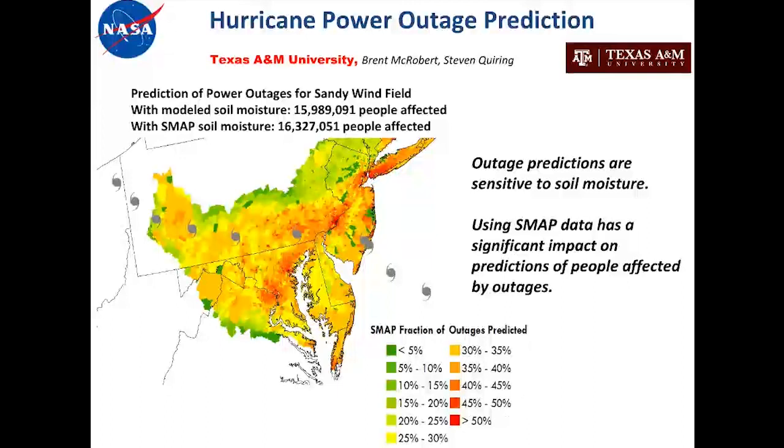And he ran the scenarios, basically a data denial, to understand, had Sandy passed through at that time, and had we used SMAP soil moisture, would we have any better information on how many people would have been affected with power outages? And it turns out that we would have learned more people were affected with power outages using soil moisture data than the calculated soil moisture from the models.